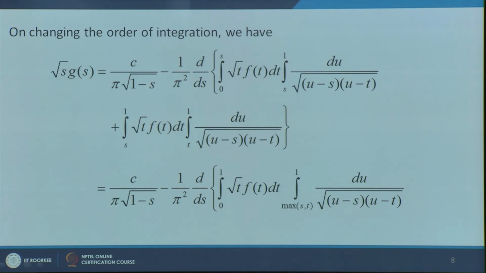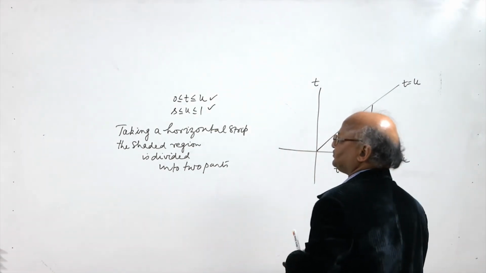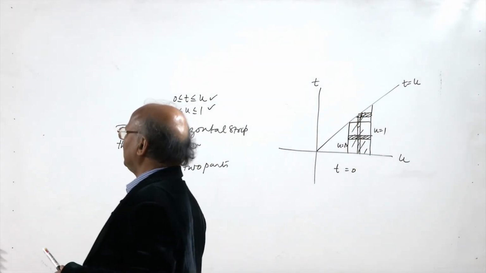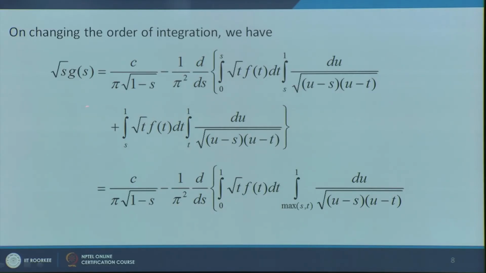And when we take the upper part, in this part u varies from t and goes up to 1, and t varies from s and goes up to 1. So this is how we change the order of integration.